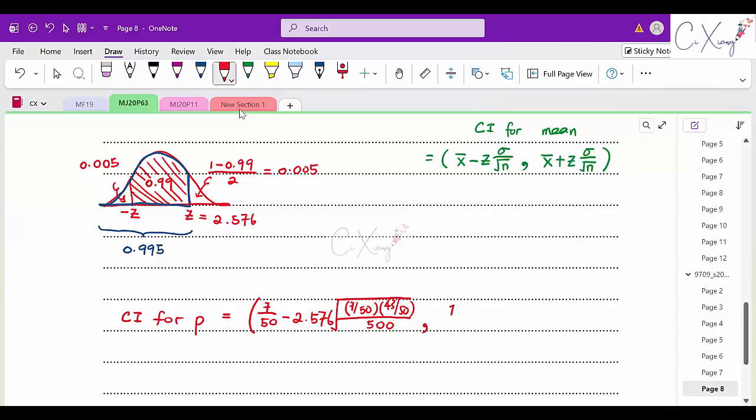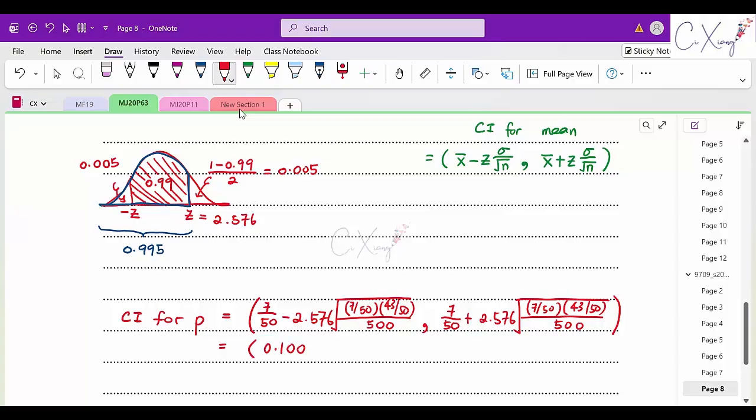Same thing happens for the upper limit, just that you change the sign from negative to positive: 2.576 times the square root of PQ over N. Alright, then just press the calculator and correct your answer to three significant figures.